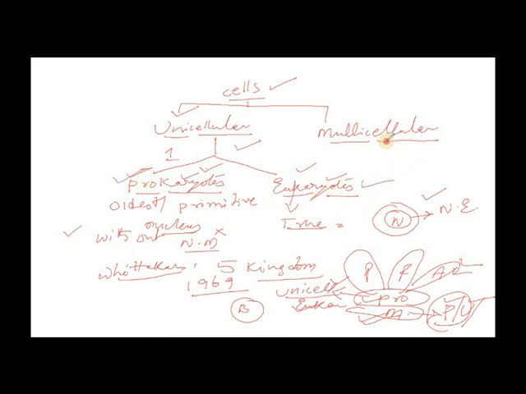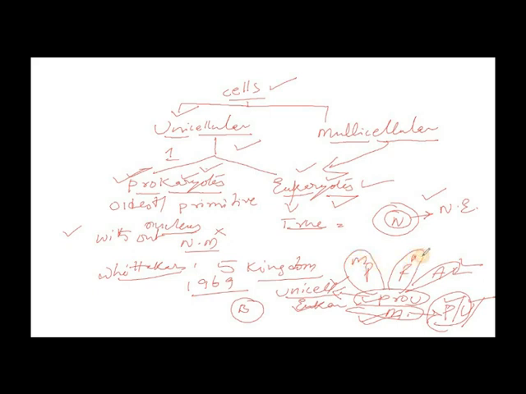All multicellular organisms are eukaryotes. Based on the Whittaker classification, Monera are unicellular, and Protista are also unicellular. From Plantae onwards, they all are multicellular.